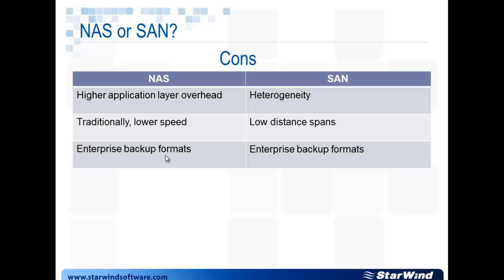Low distance spans, well, I don't think that someone who wants a high performance environment with network-based storage will place different machines in different corners of the earth. I think you will agree with me on this.